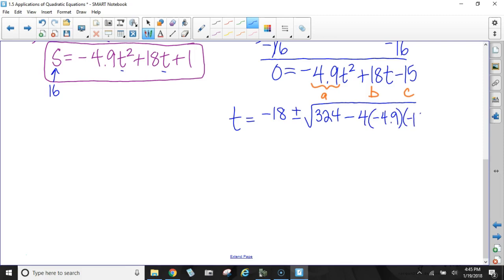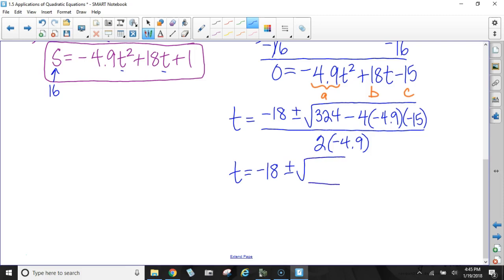The c value is negative 15. And then all of this is over 2 times the a value of negative 4.9. Now it's a matter of simplifying this a little bit and cleaning it up. So my solutions for t are going to look like negative 18 plus or minus the square root of something all over negative 9.8, which is what 2 times negative 4.9 is.